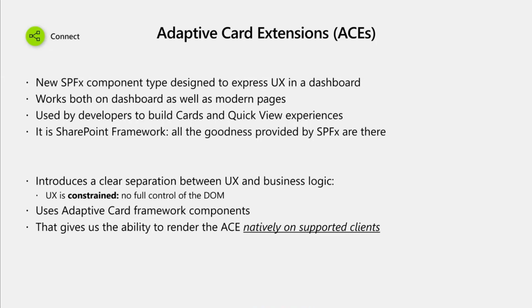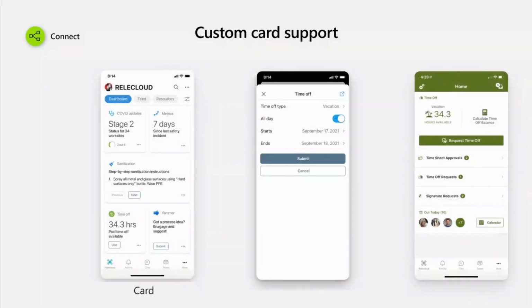But the card experience would not be something that the developer can change in terms of UX. Basically what I mean by that is that, I'll talk about it in a second, we will be able to provide some kind of templating that the developer can use to instruct the framework on how to build the card at runtime.